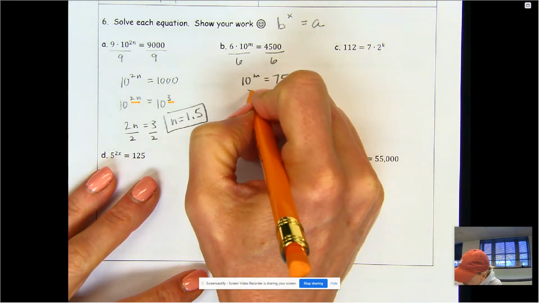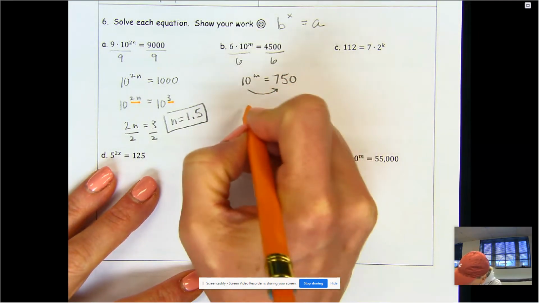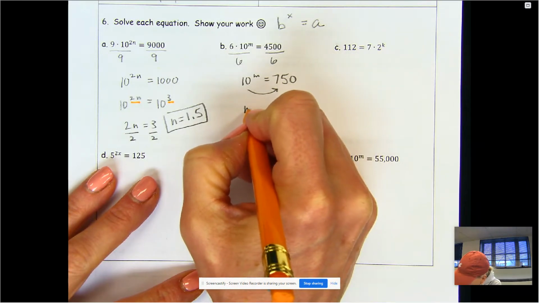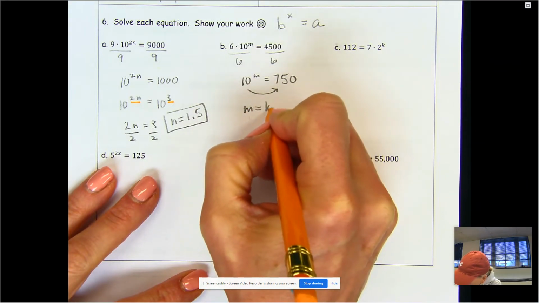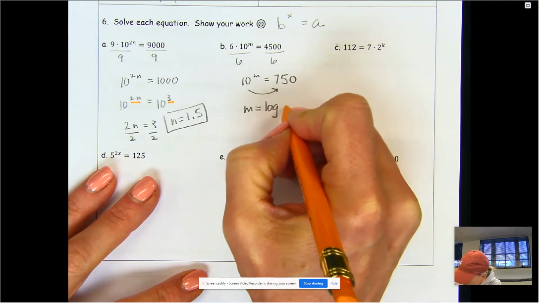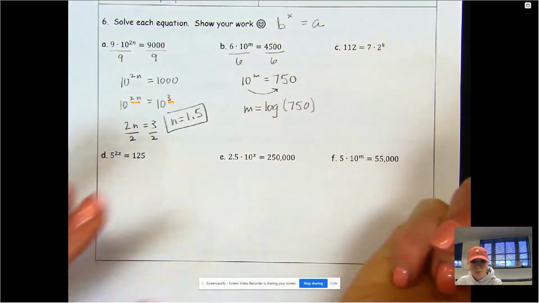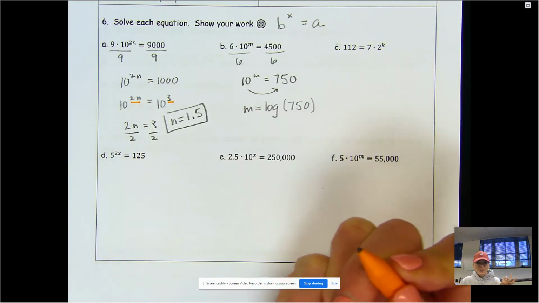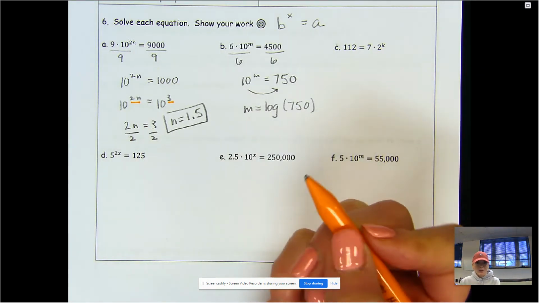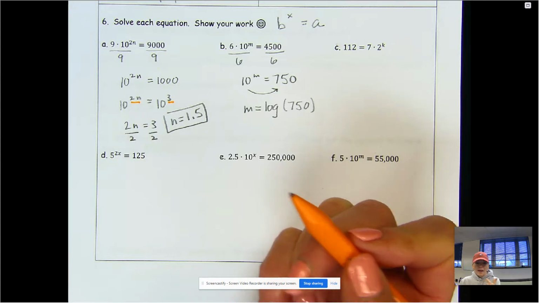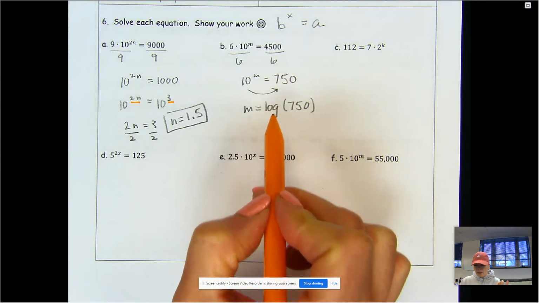So we're going to move the 10 over by using a logarithm. So m is equal to, you can write log base 10 of 750 or just the log of 750 because when the base is not written, the base is 10, so you don't have to write a 10 there. And then this would be the exact answer.